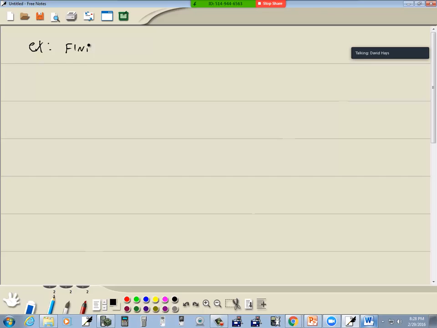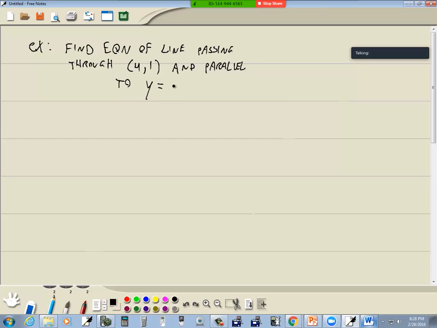And we want to find the equation of the line passing through (4, 1) and parallel to y is equal to 3x minus 2.